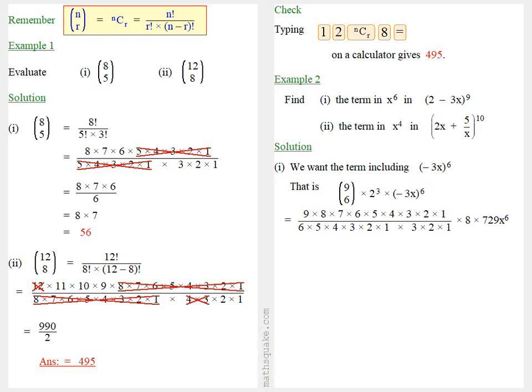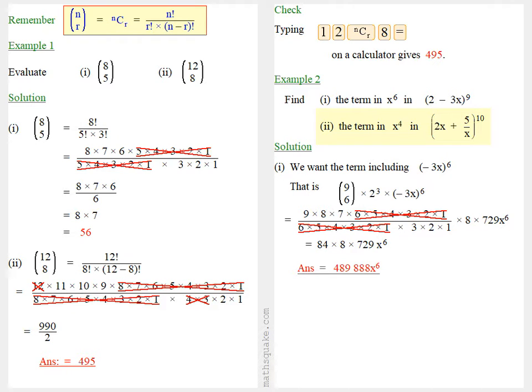Now, if we write out the expansion of 9C6, that's 9 factorial over 6 factorial times 3 factorial times 8 times 729x^6. We see 6 factorial cancels top and bottom, and that leaves us 9 times 8 times 7 over 3 times 2 times 1, which is 84, times 8 times 729x^6. Well, that works out to be 489,888x^6.